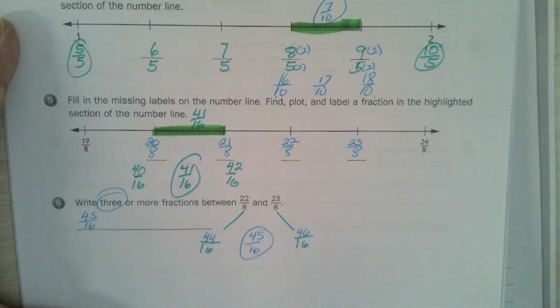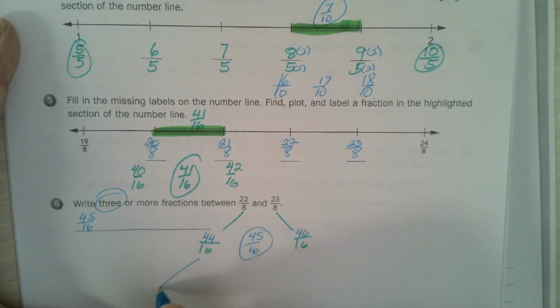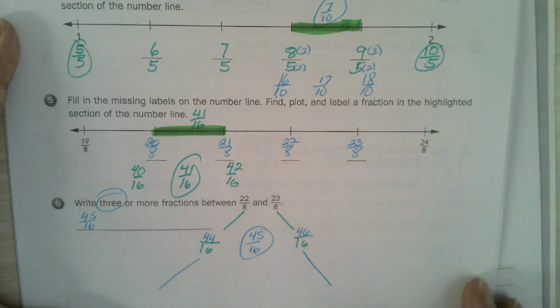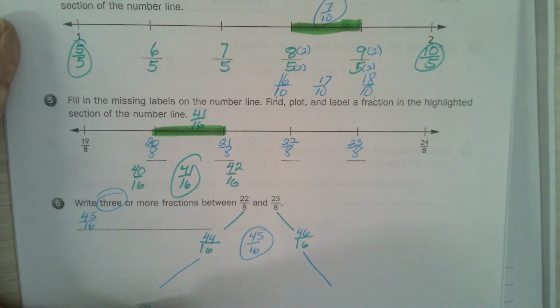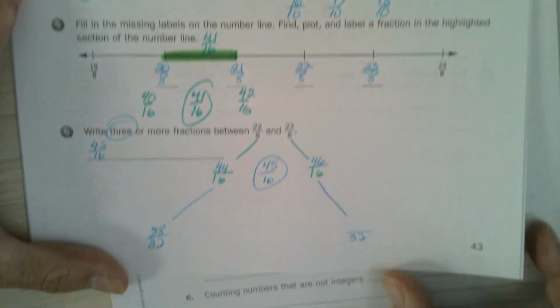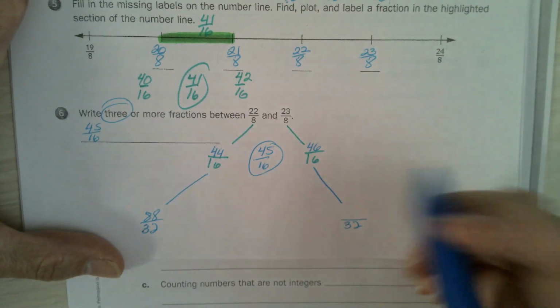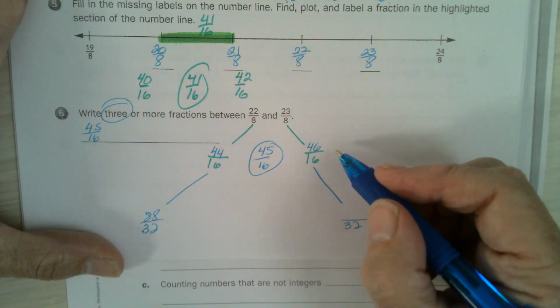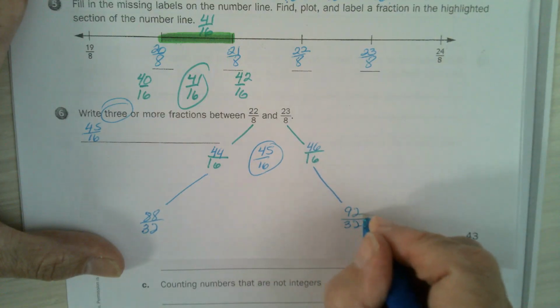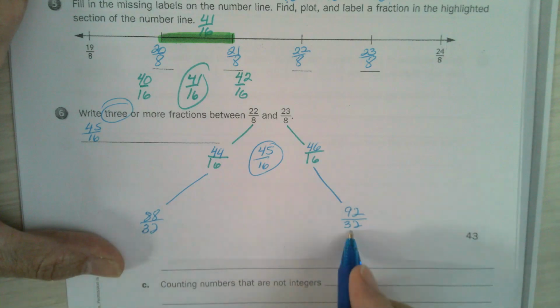Now we're going to zoom in again. What is 16 doubled? Yes, 32. 16 times 2 is 32. 44 times 2 is 88. Oh, thank you for letting me know. 46 doubled is what? 92. Okay, there are a lot of numbers. What's in between an 88 and a 92?